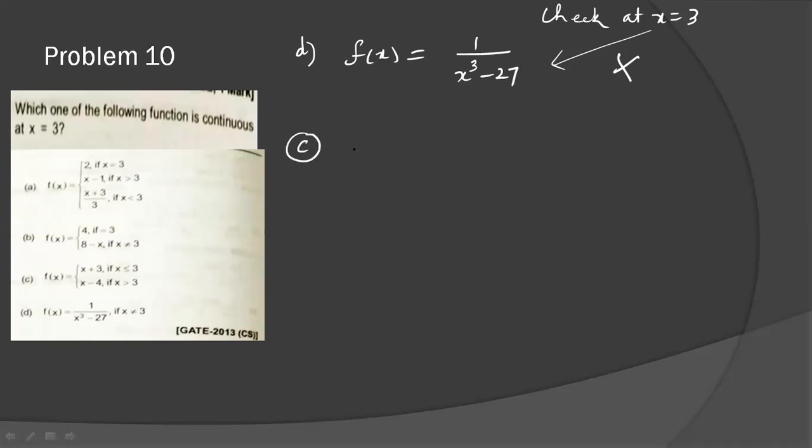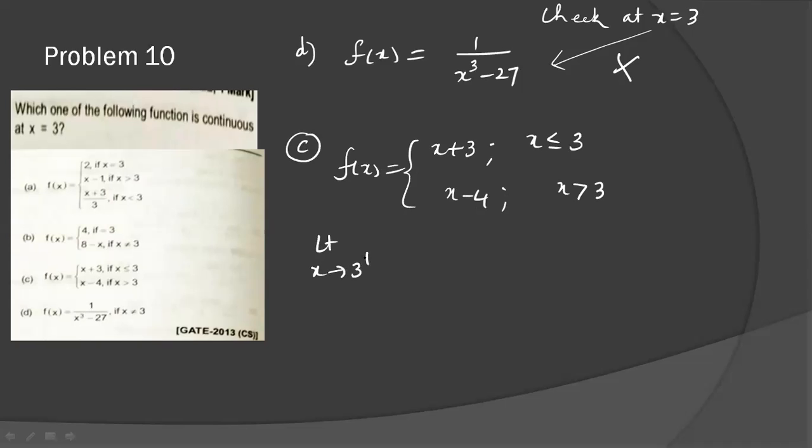C part, fx equal to x plus 3 when x is less than or equal to 3, and x minus 4 when x is greater than 3. For continuity at 3, LHL must be equal to the RHL. Check the limit x tending to 3 plus fx. It will be limit h tending to 0 of f of 3 plus h.